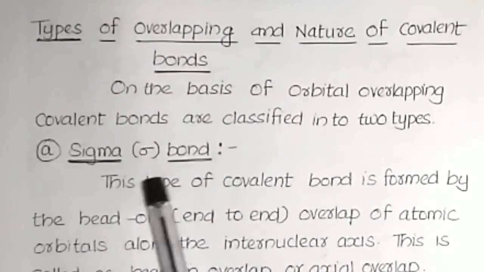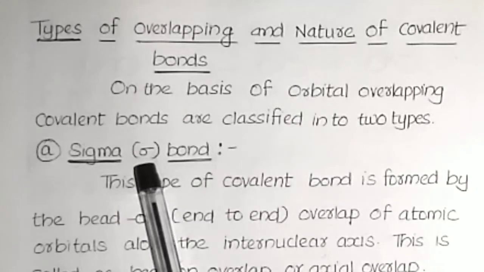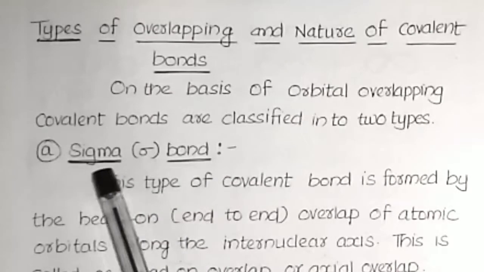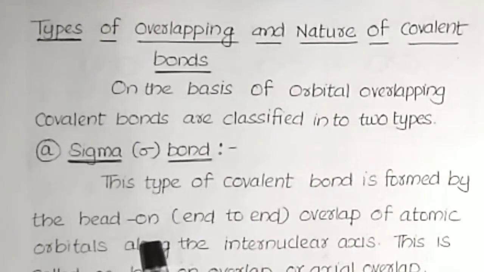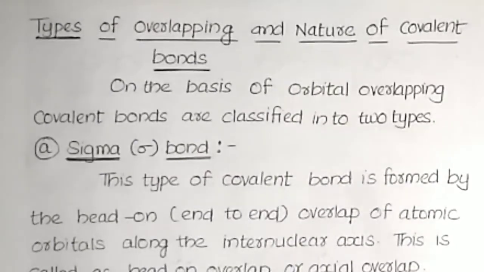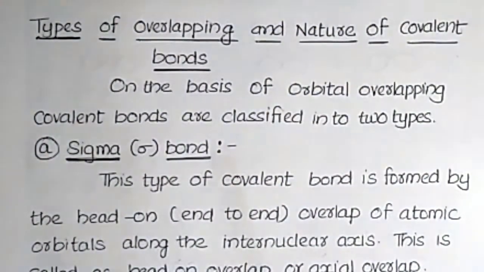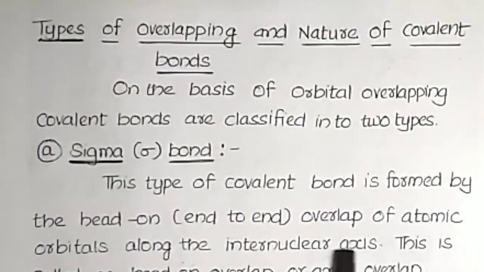The first one is the sigma bond, denoted by the symbol sigma. This type of covalent bond is formed by the head-on overlapping of atomic orbitals along the internuclear axis.